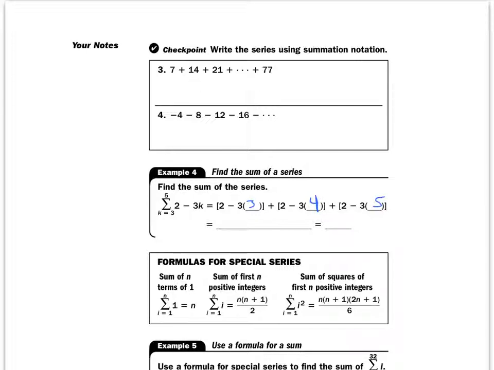Then I'm going to do my math. 2 minus 9 is negative 7. Then I'm going to add 2 minus 12, which is negative 10. Then I'm going to add my 2 minus 15, which is negative 13. So that gives me negative 30.